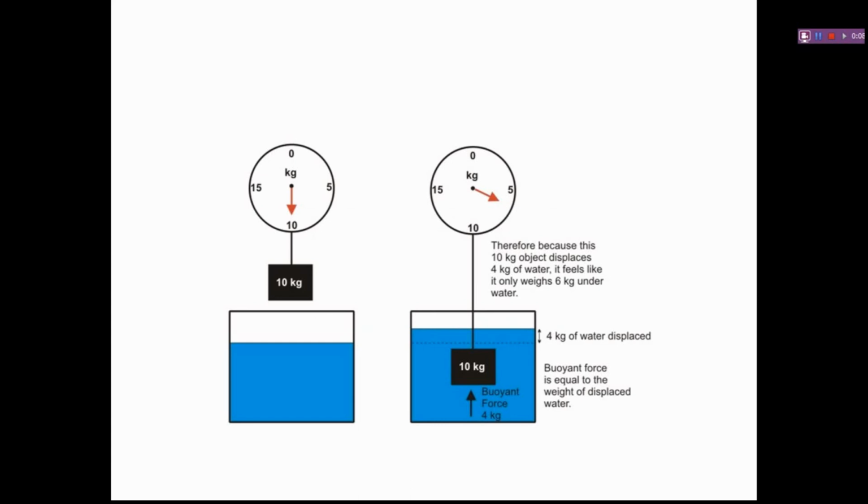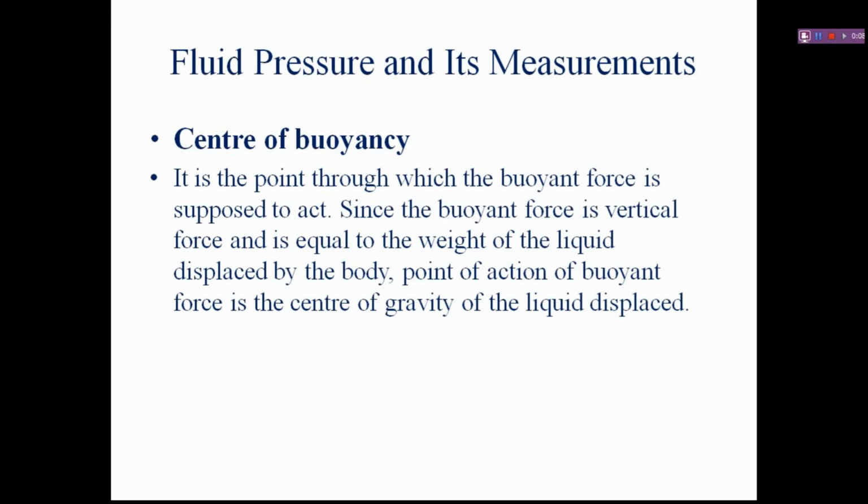Because this 10 kilogram object displaces 4 kilogram of water, it will weigh only 6 kilogram underwater. Buoyant force is equal to the weight of the displaced water. I hope this diagram makes Archimedes principle clearer to you.